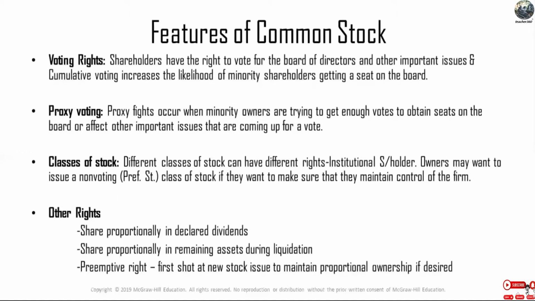Proxy voting is a form of voting whereby a member of a decision-making body may delegate his or her voting power to a representative to enable a vote in absence. The representative may be another member of the same body or external.